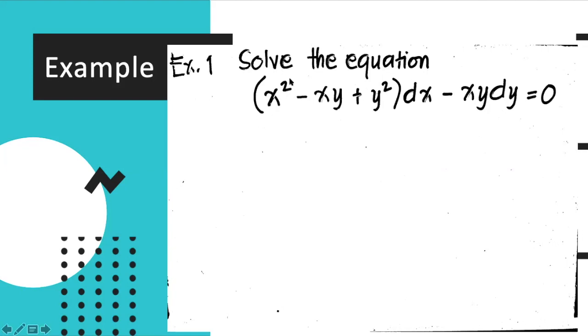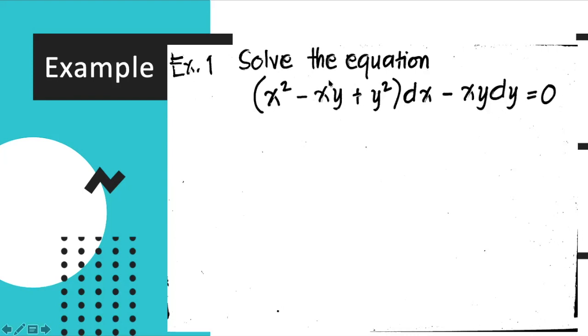So, degree ng function, we're referring to a function. Katulad nito, look at this function lang. Don't look at the differential. X squared minus xy plus y squared. So, this polynomial is a homogeneous function dahil yung degree nila ng bawat term ay the same. Ang degree nito? 2.